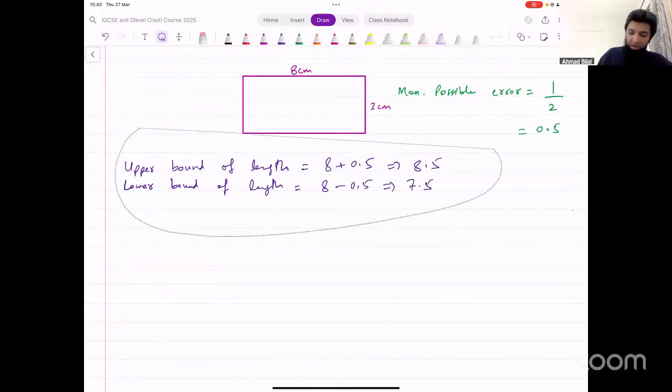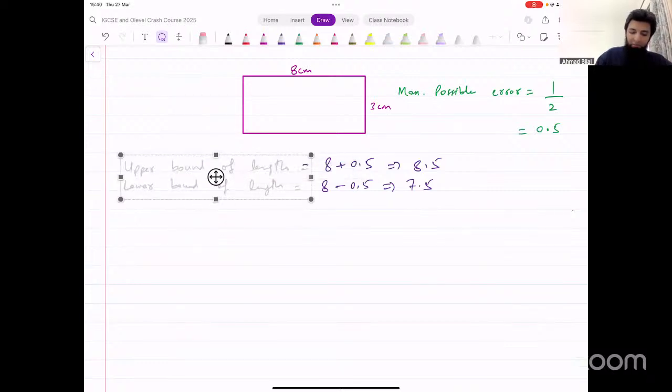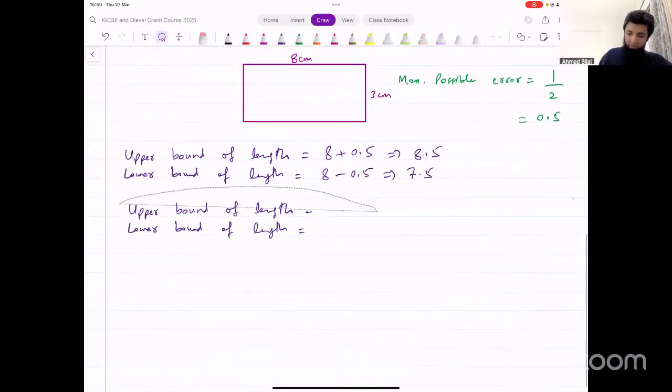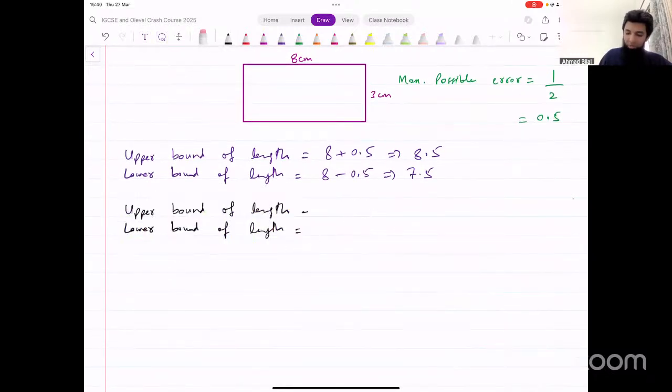And similarly, we could find the upper bound and lower bound for the width as well. We would say the upper bound for the width in this case, it also has the same level of accuracy, right, to the nearest 1 centimeter.